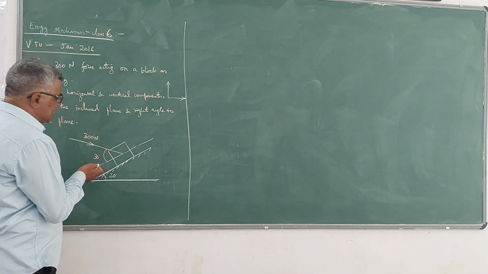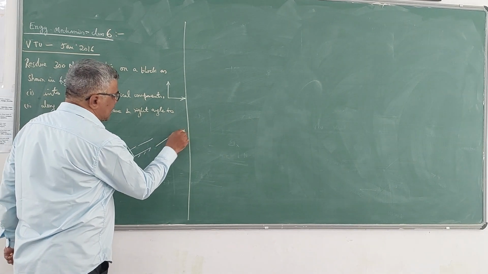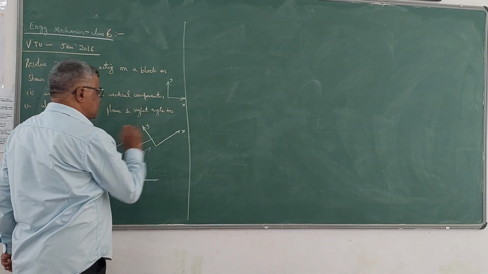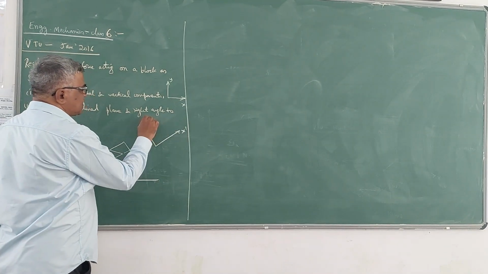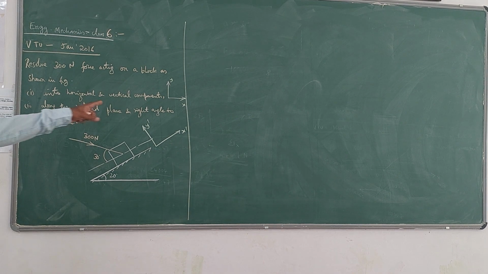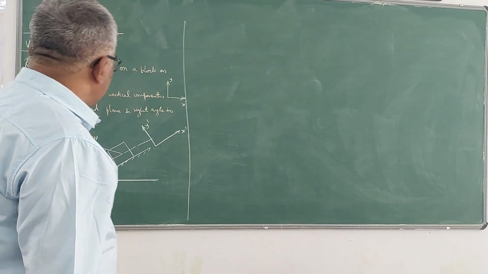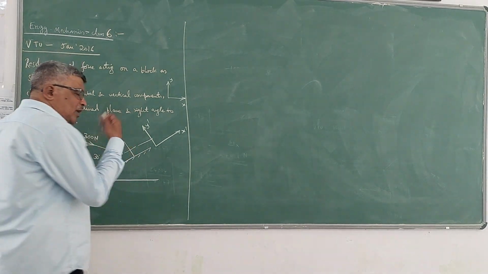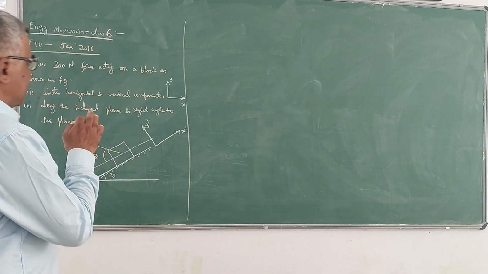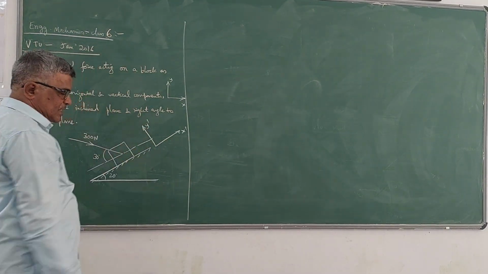One axis is along the inclined plane, so that means your x-axis will be inclined plane like this, y-axis will be perpendicular. Please note, I can call it as x dash y dash. So xy is x-axis and y-axis, they are the global horizontal and vertical axis of reference. X dash y dash, they are the local axis of reference. So parallel to the plane is x dash axis, perpendicular to the plane is y dash axis.